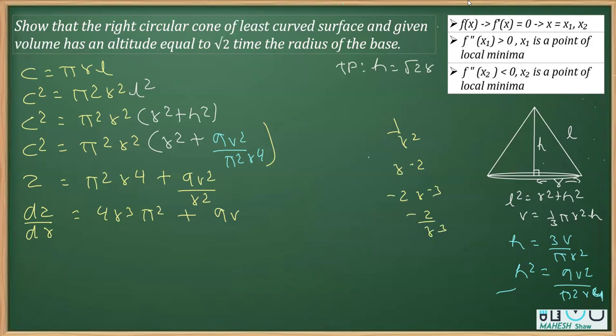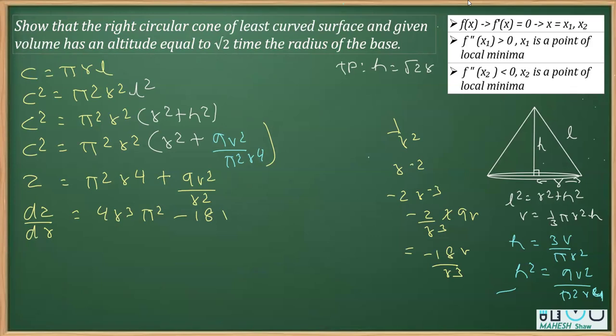So if I multiply this, we'll get minus 18 V square over r raised to the power 3. So I'll write over here, this is minus 18.